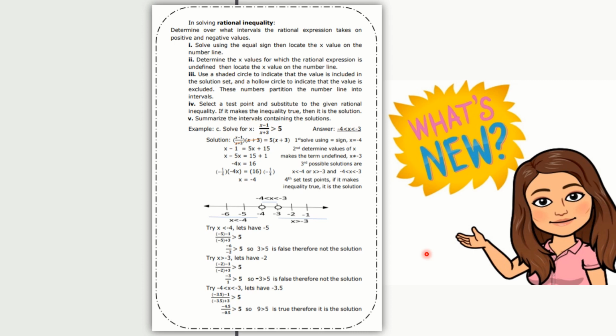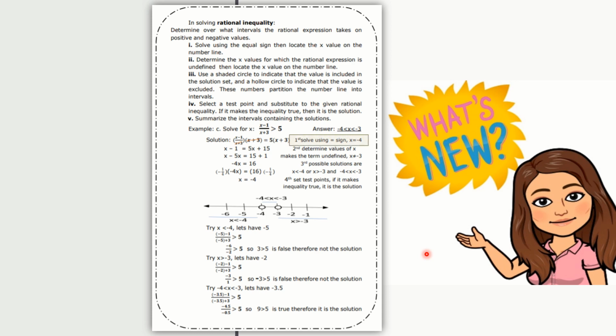This time we are going to solve rational inequalities. In solving a rational inequality, we need to determine over what intervals the rational expression takes on positive and negative values. These five steps are shown clearly in the example.